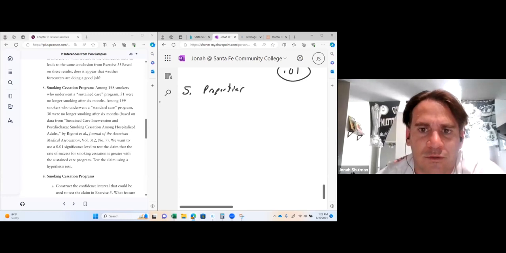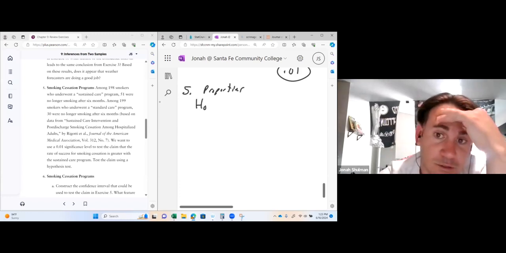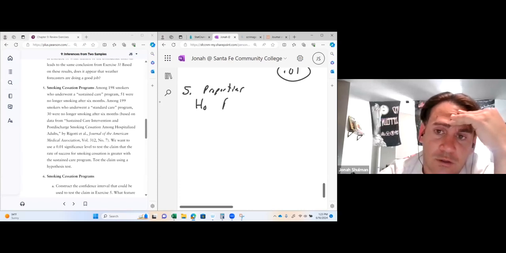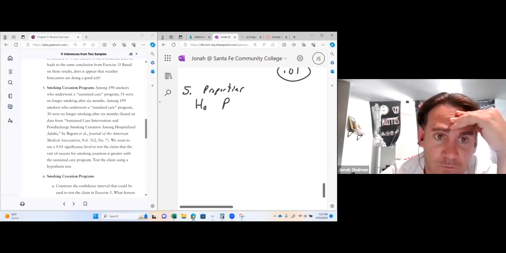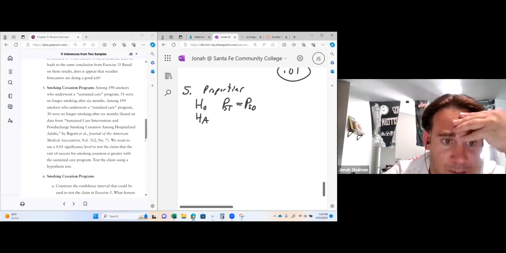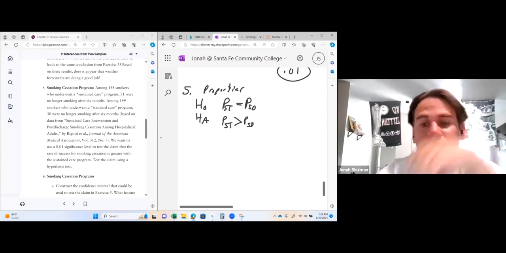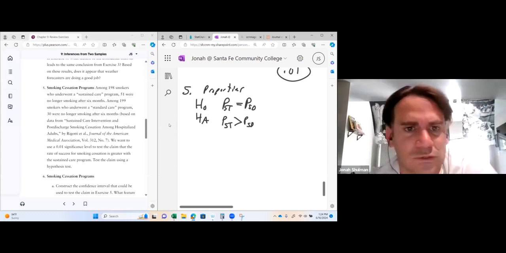So our null hypothesis is going to be the probability of sustained is equal to the probability of standard. And our alternative hypothesis, they want to claim that the rate is greater with sustained. So sustained is greater than standard. So this is my null and alternative hypothesis.